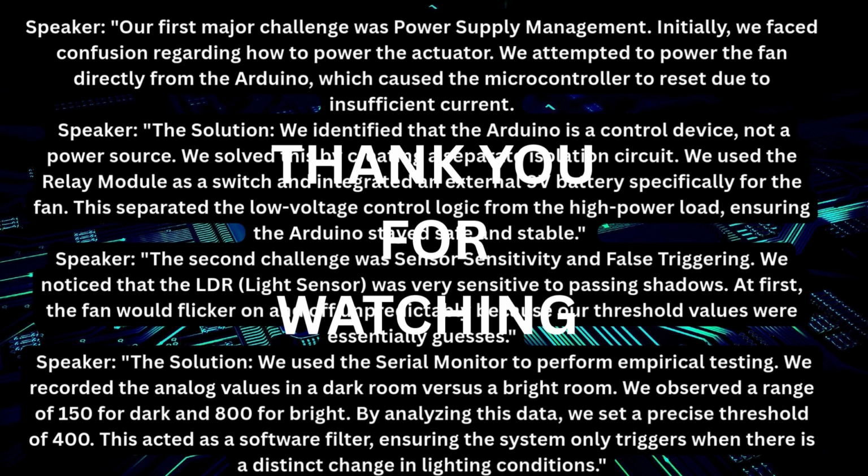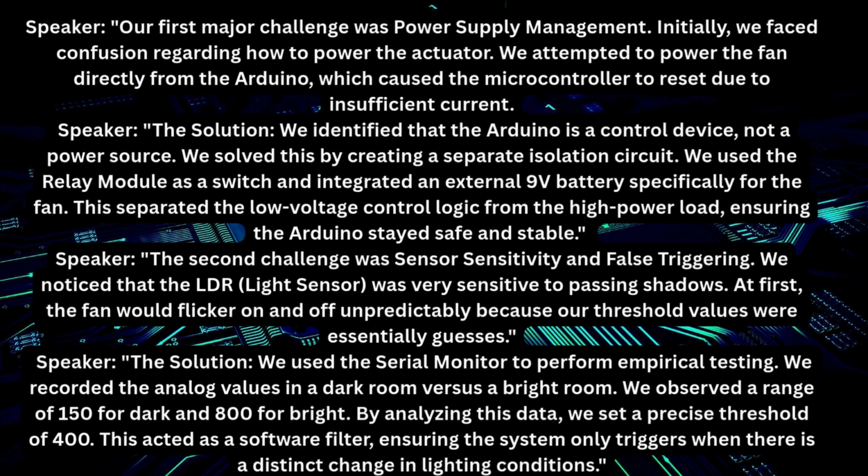By analyzing this data, we set a precise threshold of 400. This acted as a software filter. In short, the system only triggers when there is a distinct change in lighting conditions.